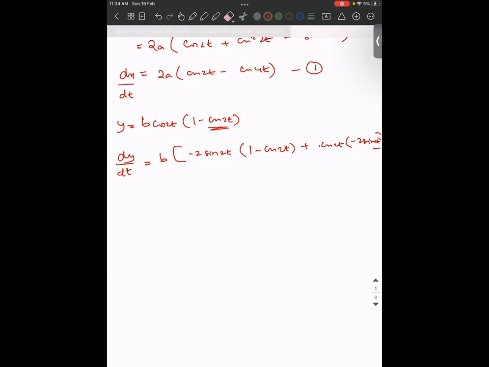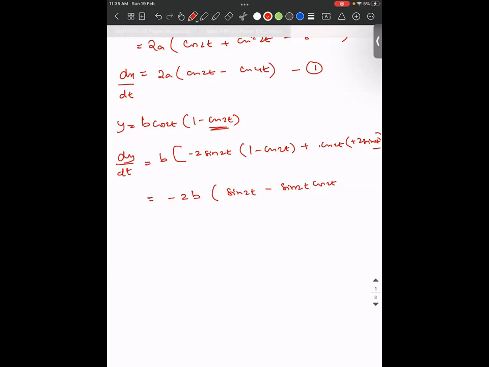So what will be the answer for this? Minus 2b, I can take it up. It will be sin 2t. Sir, I have a doubt, sir. Isn't it plus 2 sin 2t, sir? Because it's given 1 minus cos 2t, derivative will be plus 2, sir. Plus. Okay. So minus sin 2t.